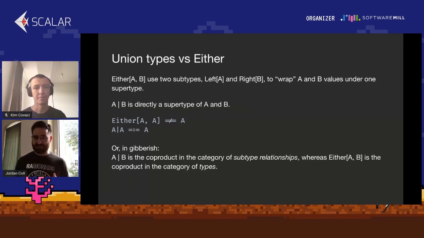This can be seen in that A | A is equivalent to A, but Either[A, A] isn't. It has two subtypes, Left[A] and Right[A]. In gibberish, this would be A | B is the coproduct in the category of subtype relationships, whereas Either[A, B] is the coproduct in the category of types.